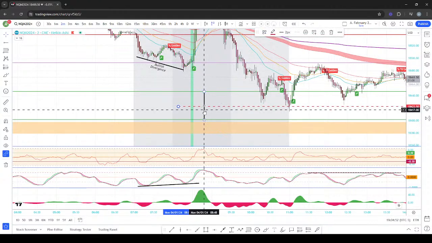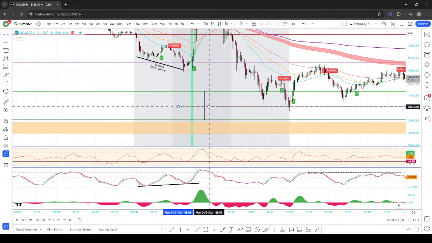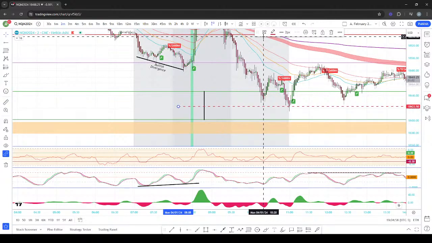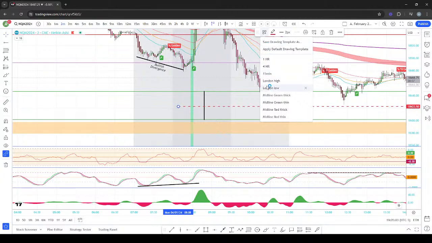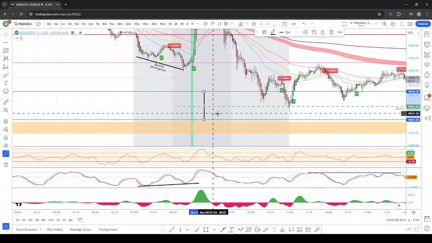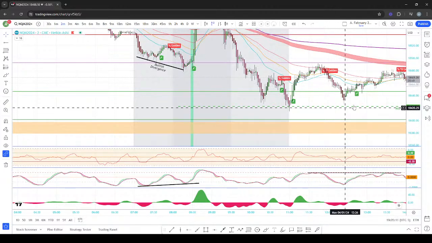Kind of about right, maybe a little bit more, about right there. It doesn't have to be exact. It's just more of a visual placement. And this is the green thick line. There we go. I'm going to lock it into place and then delete this line right here.